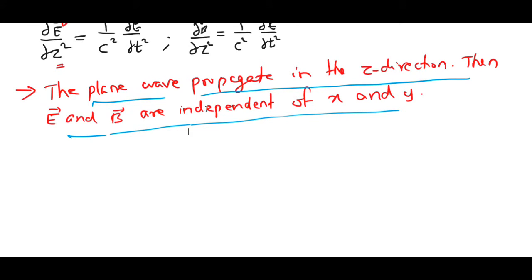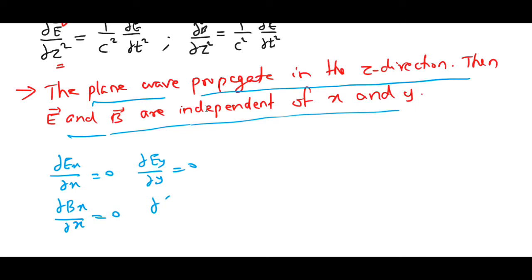Therefore, dou Ex by dou x is equal to 0, dou Ey by dou y is equal to 0, dou Bx by dou x is equal to 0, dou By by dou y is equal to 0. And also dou Ex by dou y is 0, because the electric field is along the x direction. There is no change with respect to the y direction.